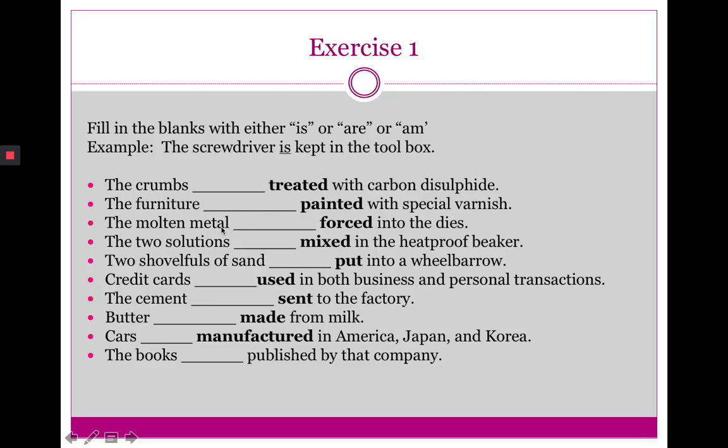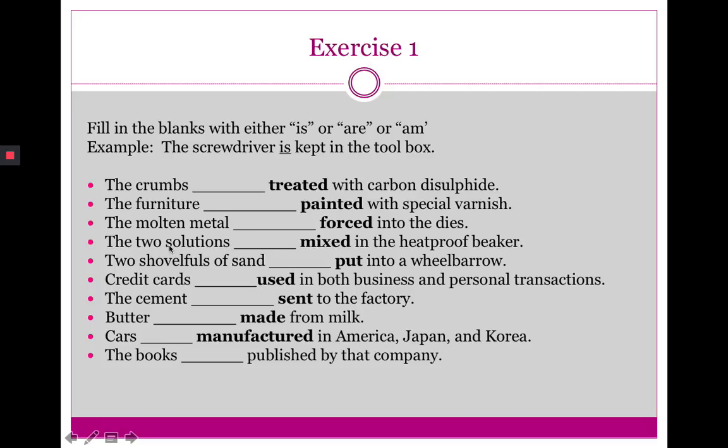The molten metal, singular or plural? It's molten metal, right? It's liquid form. It's metal that has been melt. Okay, molten metal. I think because it's liquid, it has to take a singular form. So molten metal is forced into the dies.